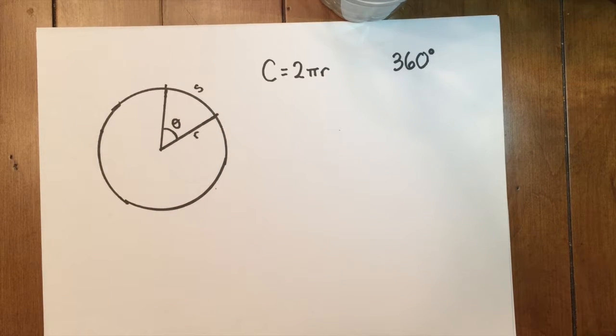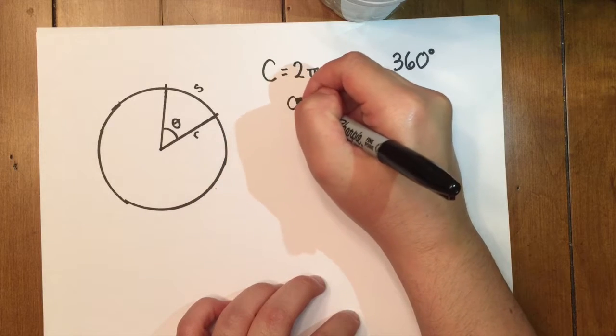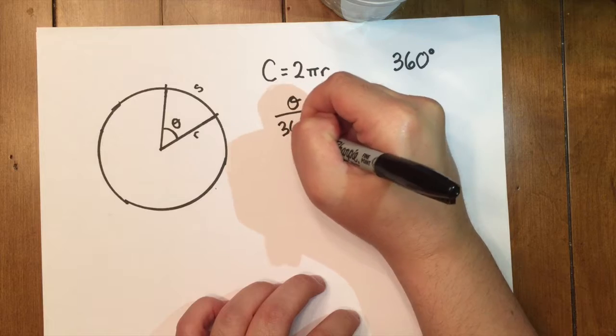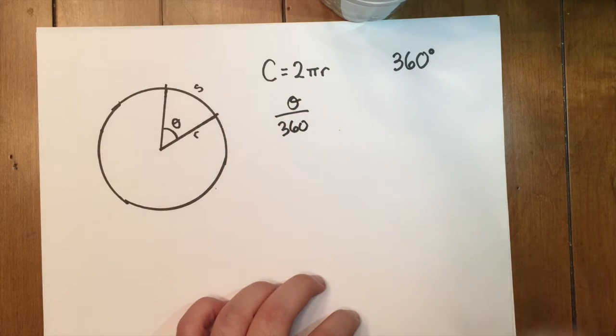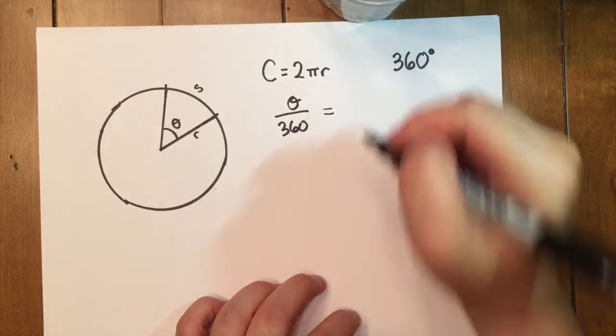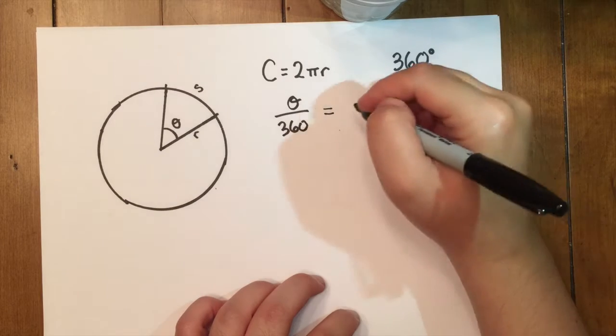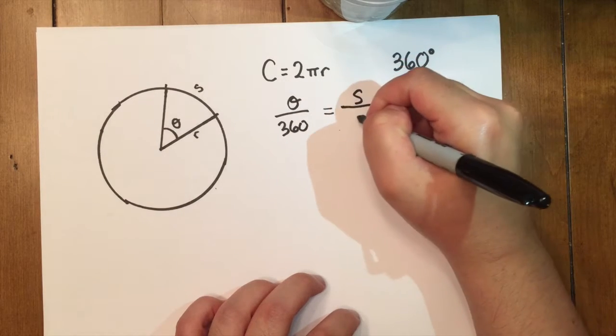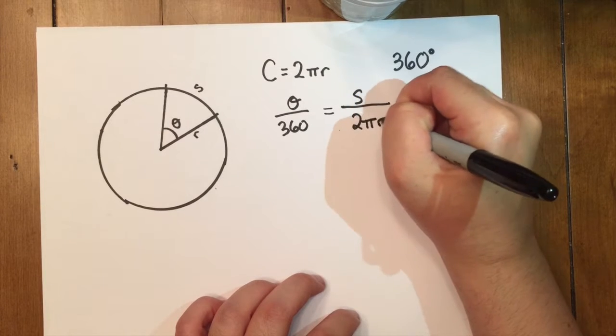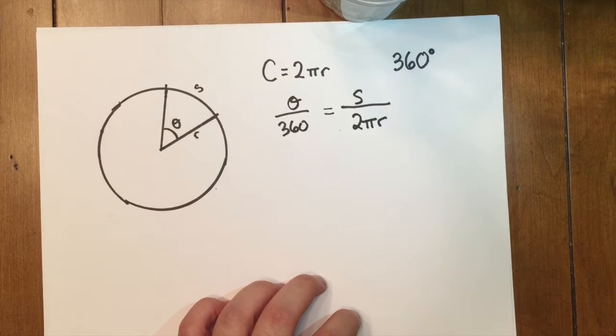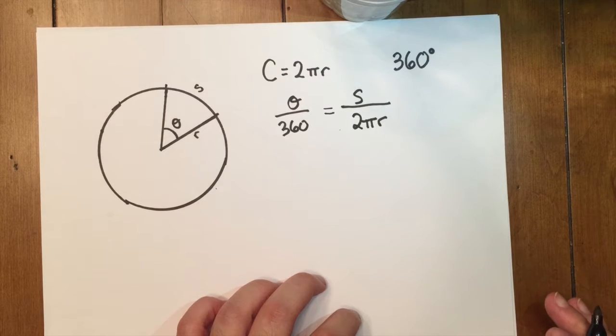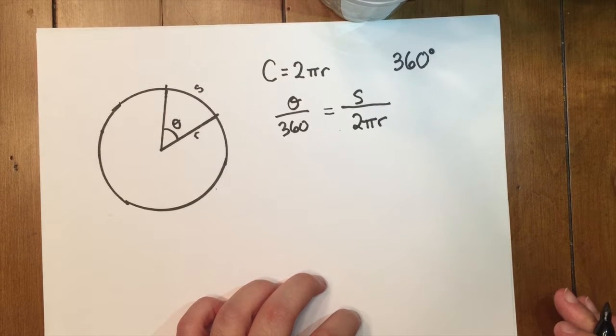When we have two relationships that are equal to each other, we can set up a proportion. So we're going to say that theta relates to 360 degrees in the same way that s relates to the circumference, which is 2 pi r. That's all we really need to know in order to find arc length.